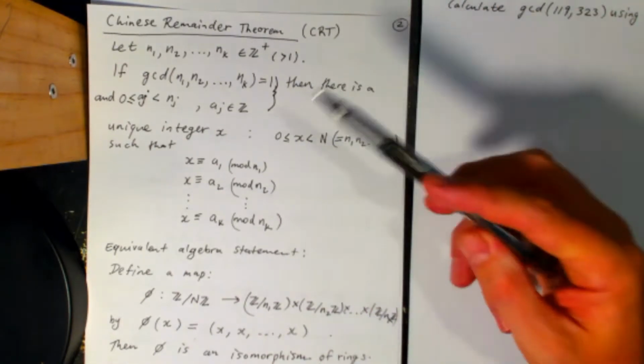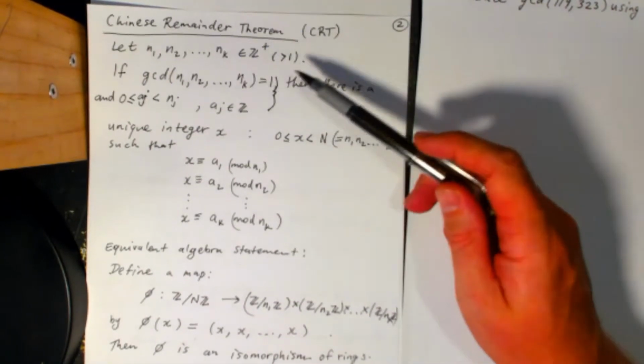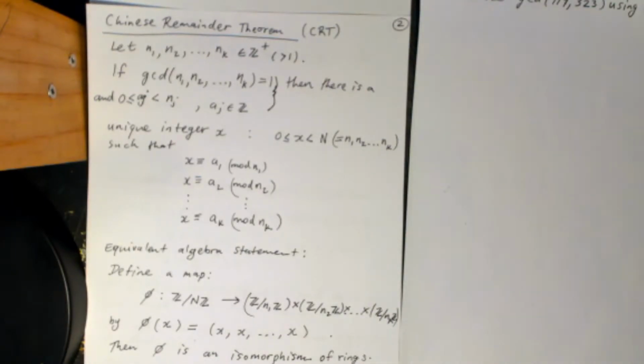which says, let n1, n2, up to nk be positive integers that are greater than 1.